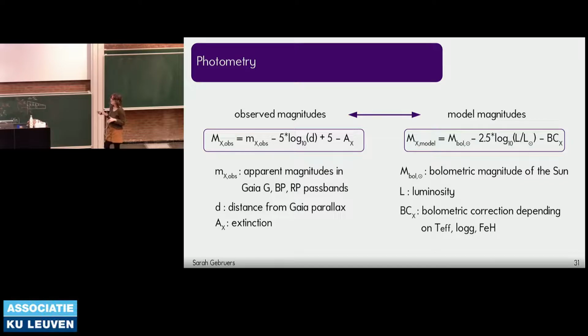Still figuring out what is best to use here, so no questions on that, please. For the model magnitudes, it's just this formula here, which depends on luminosity, and you also have to take bolometric corrections into account, which depend again on temperature, surface gravity, and metallicity. There are also different ways to do that, so also still work in progress.